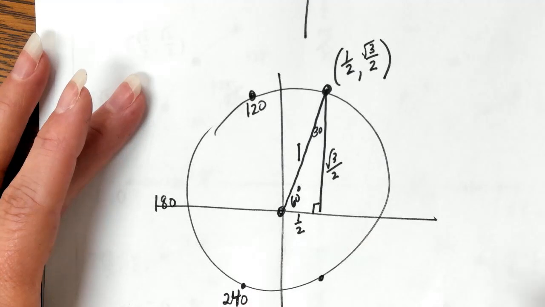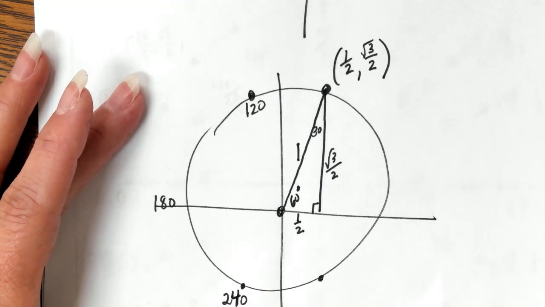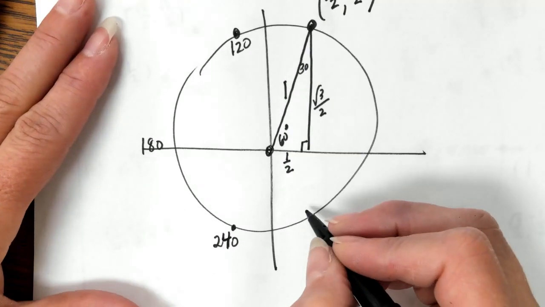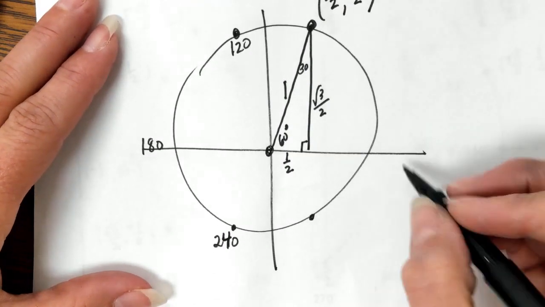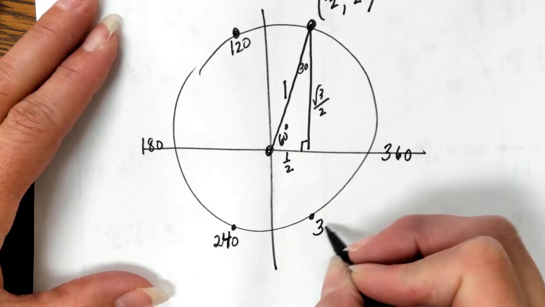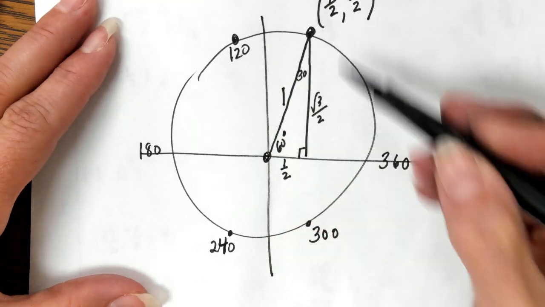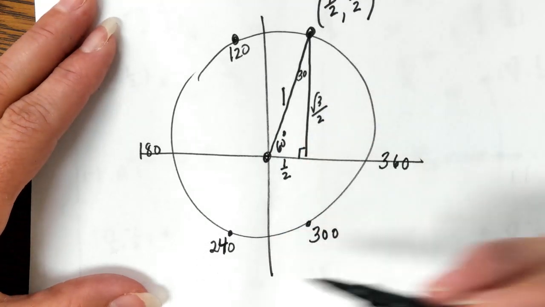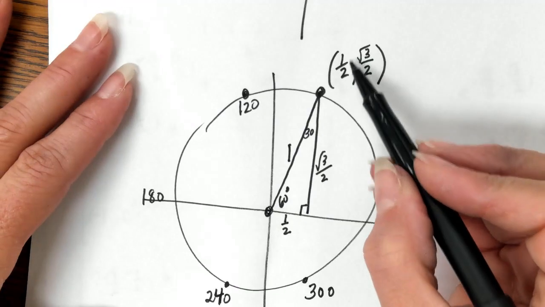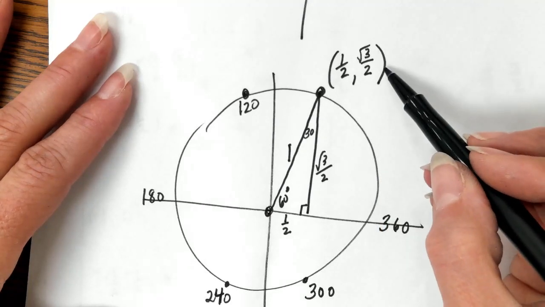So 240 is going to have the same answers as the 60 did, as the 120 did. In the last quadrant, the 60 would be 60 away from 360, which means it would be the 300. So these four answers, the 60, the 120, the 240, and the 300, all have the answers where x is 1/2 and y is radical 3/2.